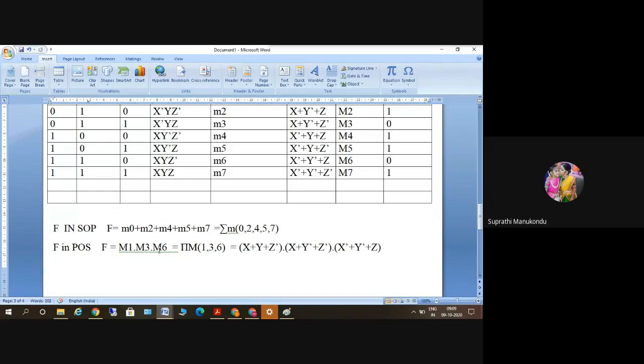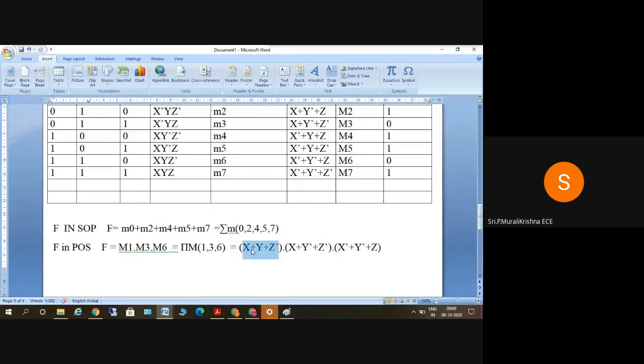Okay. Yes, sir. Yeah. Okay, and we need canonical form and standard form. Canonical form will include all the terms here. So each product is having all the input variables, whether in normal form or the complement form.